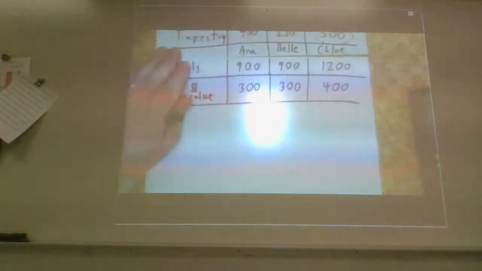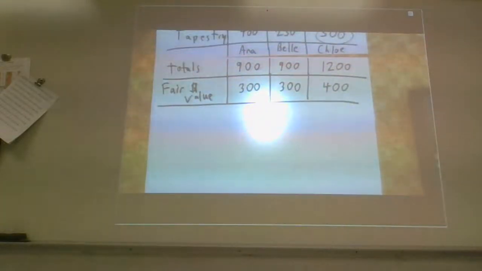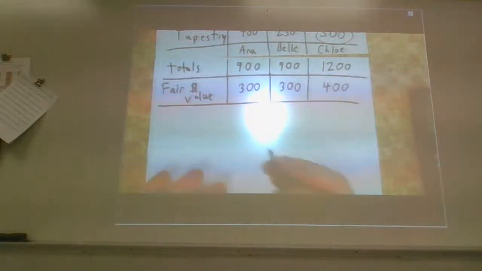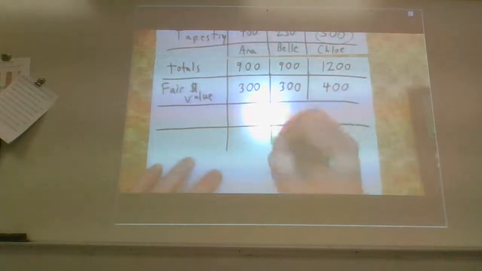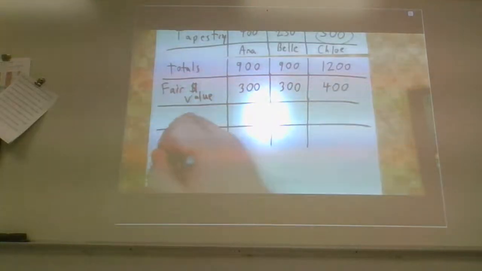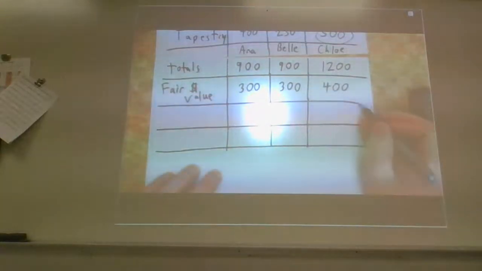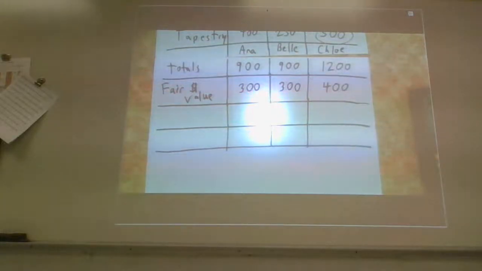Now, Anna believes that she is entitled to $300 worth of stuff, but she only got the desk. She only got the desk, which she values at $180. Is Anna going to end up paying money, or is she going to be getting money?